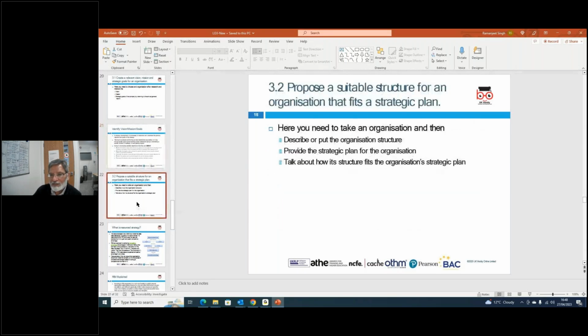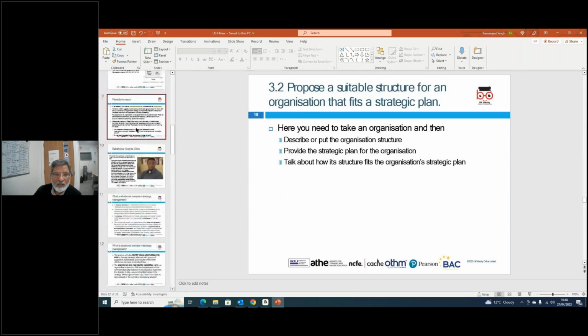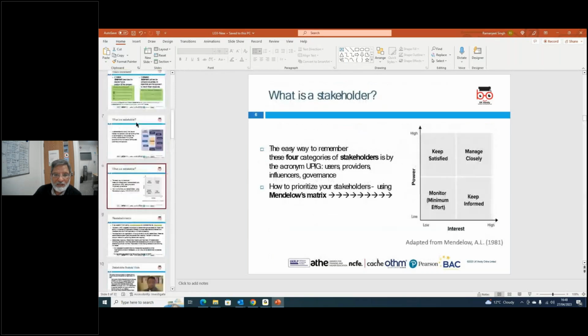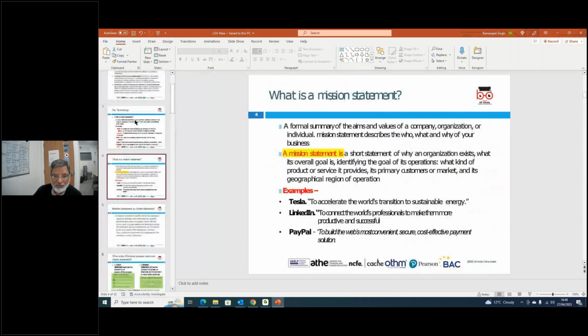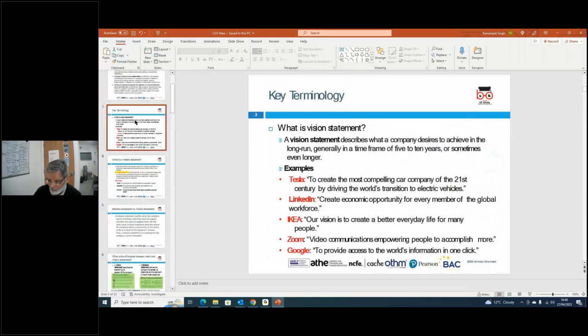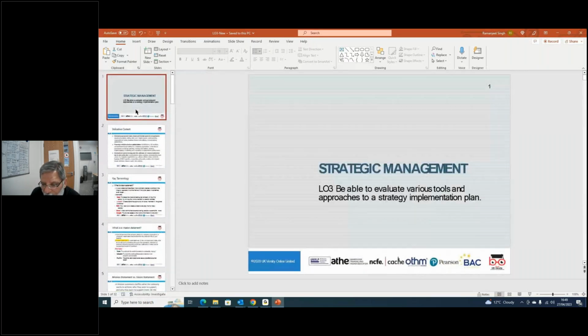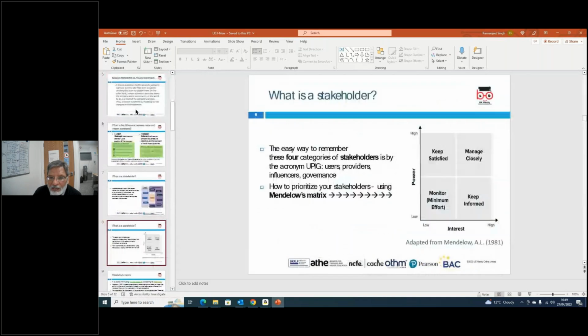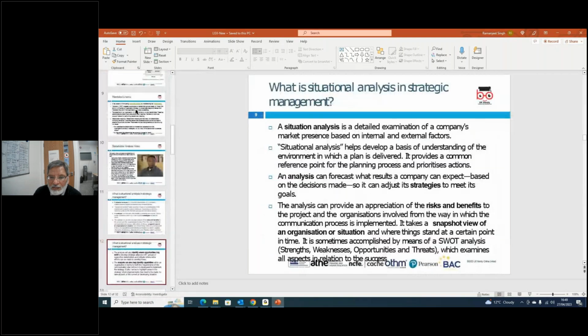Okay, right. So the 3.1 assessment criteria is this one here. 3.1 talks about mission and vision, right? I think we were able to look at the mission. 3.1 tells you what the criteria is: create a relevant mission.